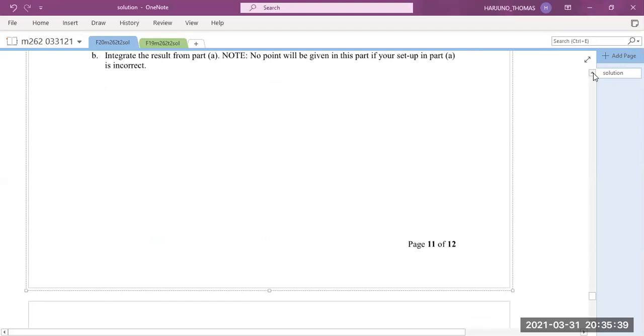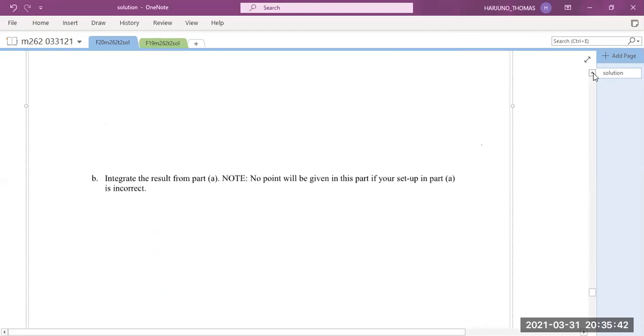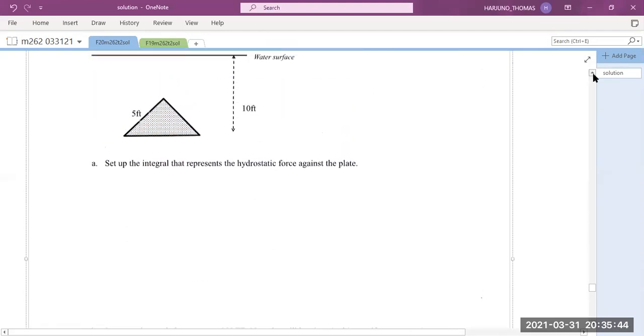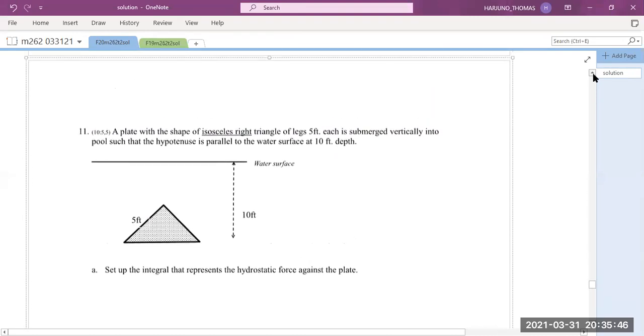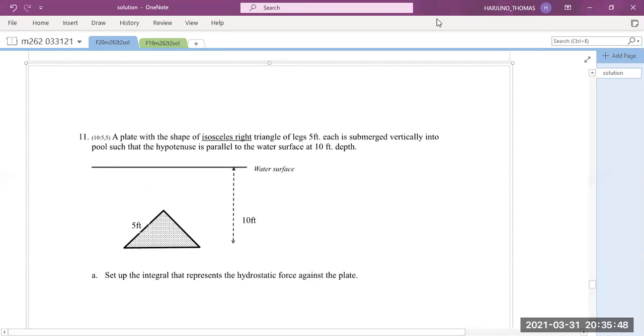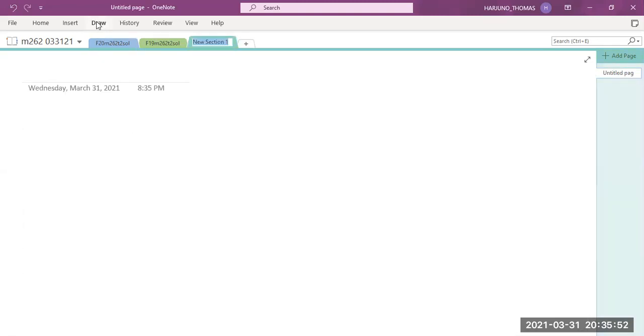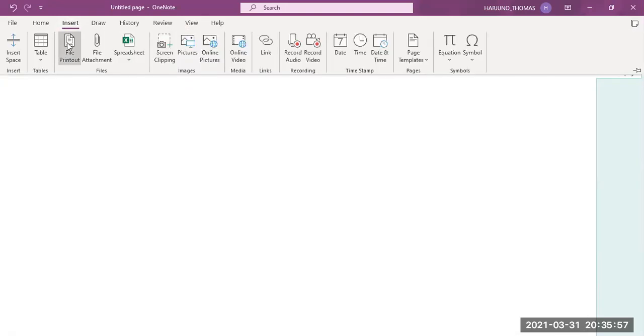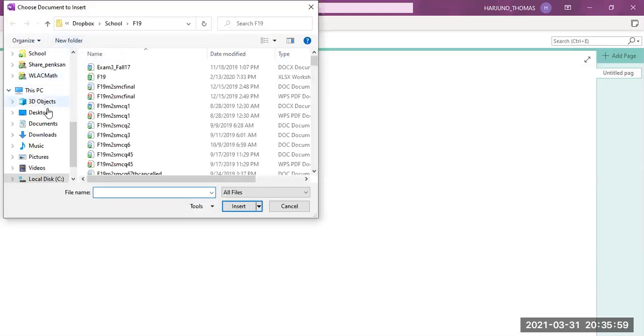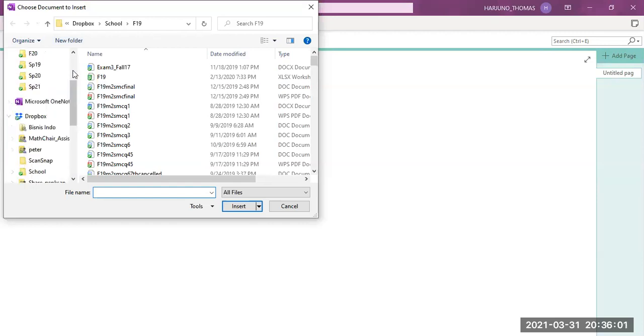That's for number 10. Now let me go to Shane first. Shane, you have a question from the quiz? Yeah, real quick. For number 6, you asked us to set up the integral. On the quiz, sorry. Give me a second. Let me find the file first.